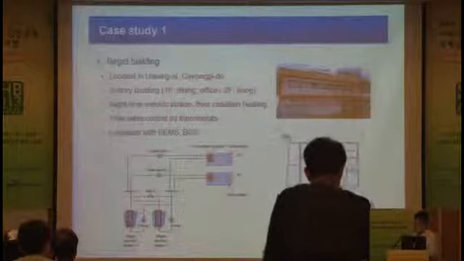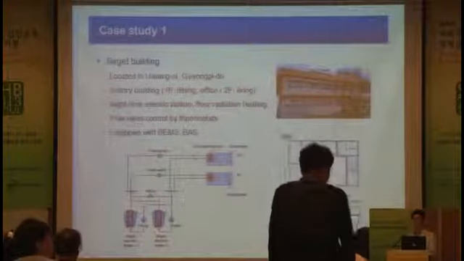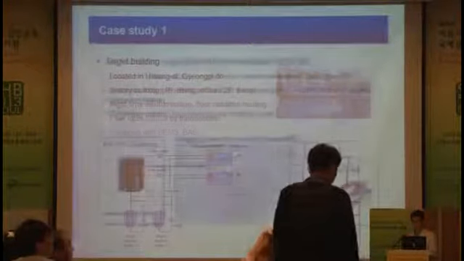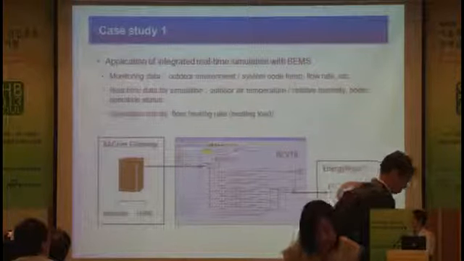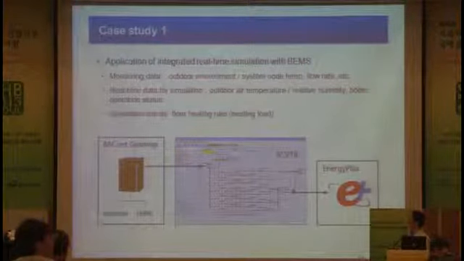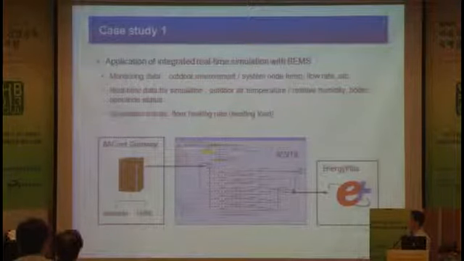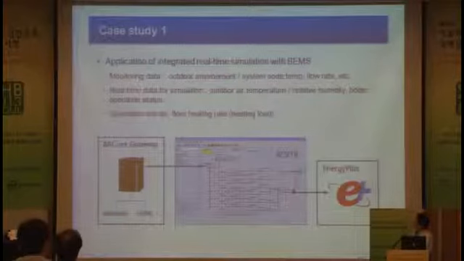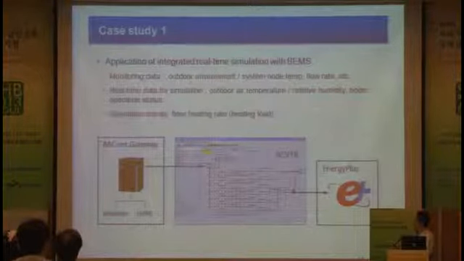We installed the BCVTB server and the simulation programs. We collected a couple of data from the actual building, and then we ran real-time simulation with outdoor temperature, relative humidity, and boiler operation status.